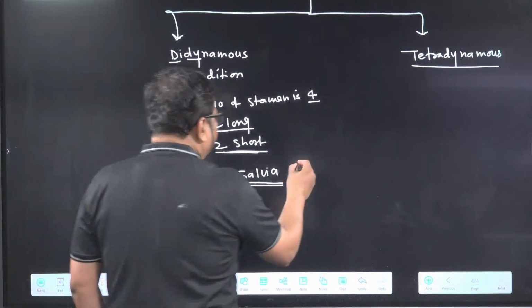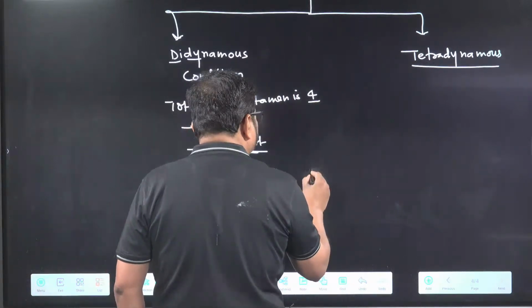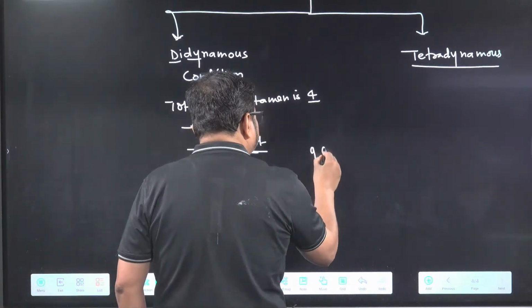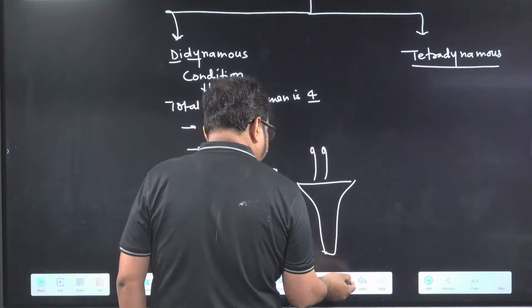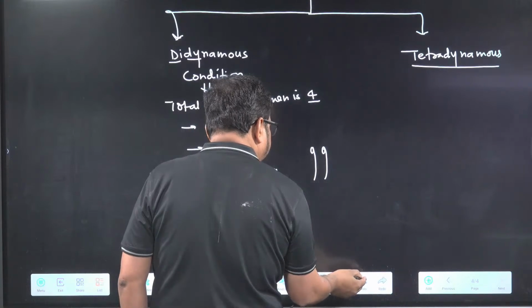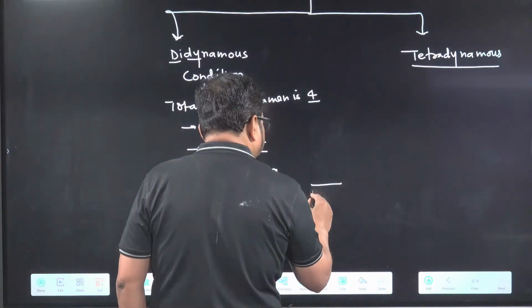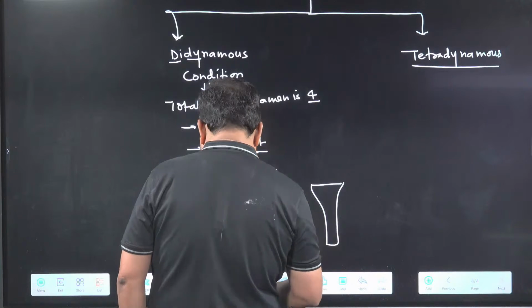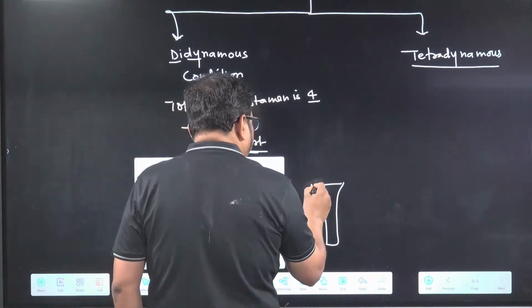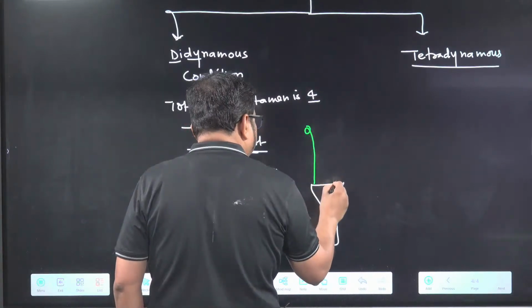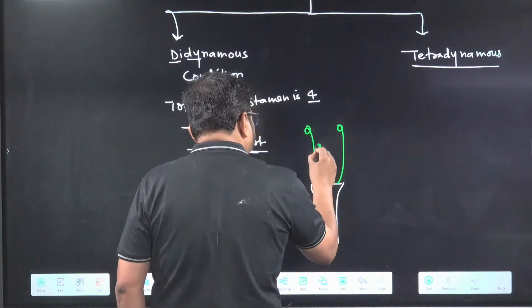So look here, 4 stamens are there. 2 long, 2 short. Suppose that this is the thalamus. So here how many stamens are there? 4 stamens are there. And suppose that 2 stamens are long and 2 stamens are short.